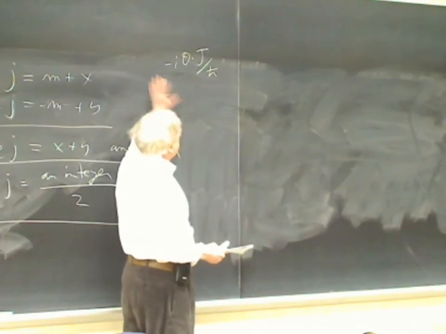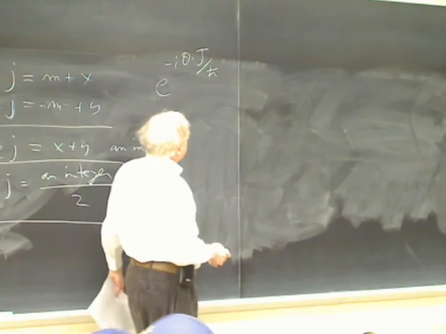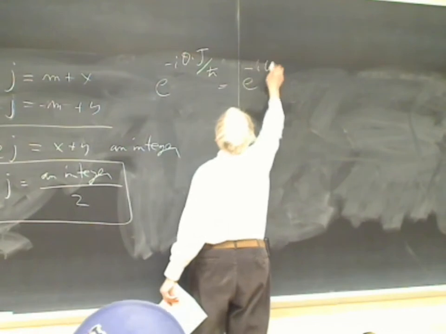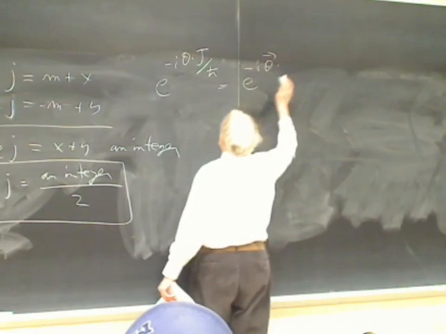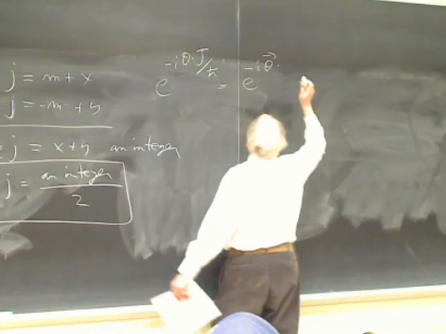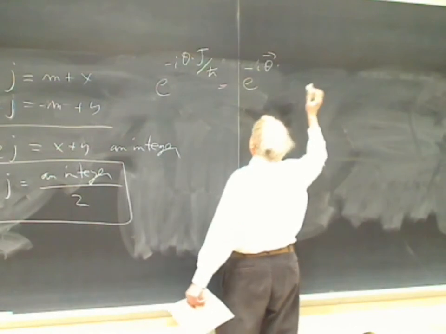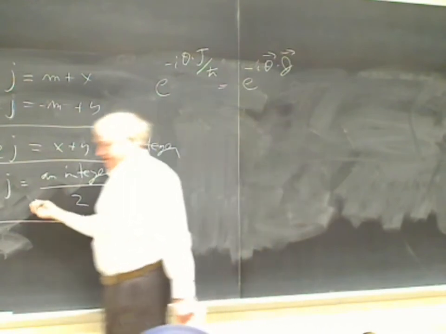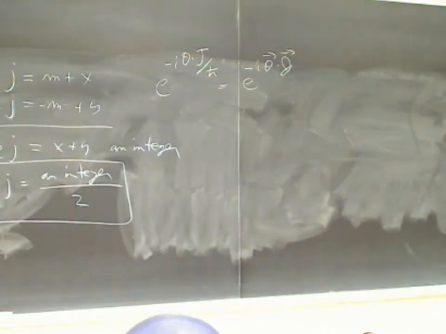If we were studying this purely as a Lie algebra, we would have had e to the minus i theta dot, just the ratio of these two, which we would have called, let me say, script J. And then we would have gotten the same result for eigenvectors of script J squared and script J3, namely that j had to be an integer over 2.